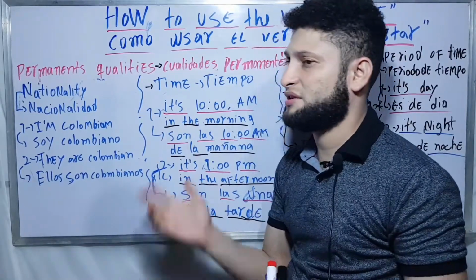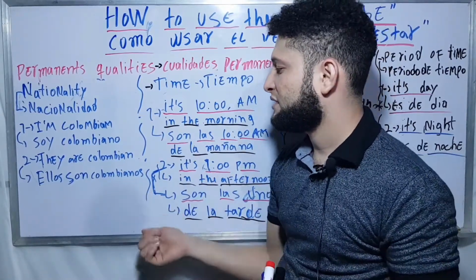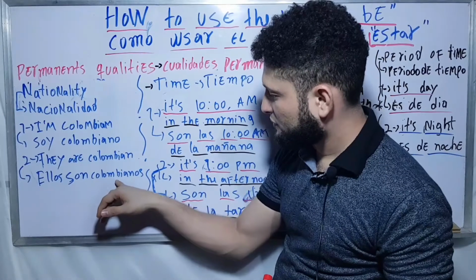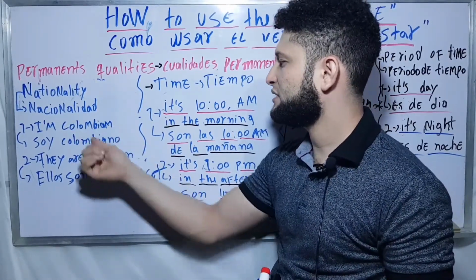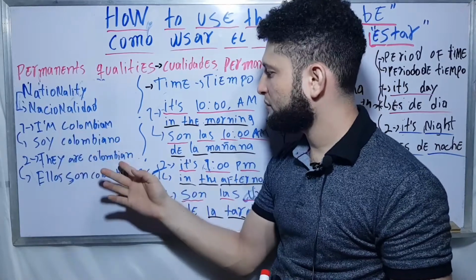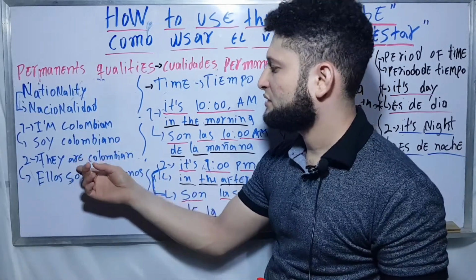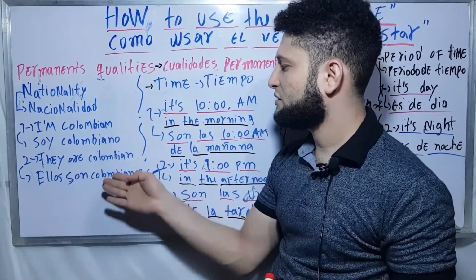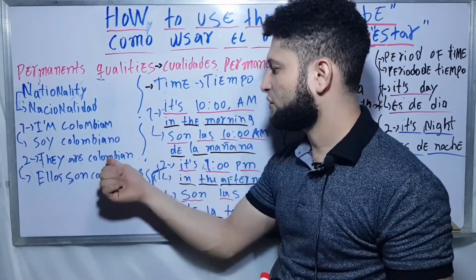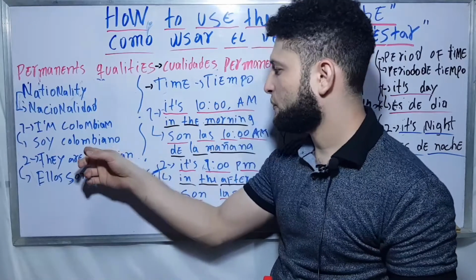Another thing that I mentioned before, if I'm not mistaken, is that in our first one it's "I'm Colombian," and in our second one it's "they are Colombian," but the conjugation is the same for Colombian and Colombian, "colombiano."